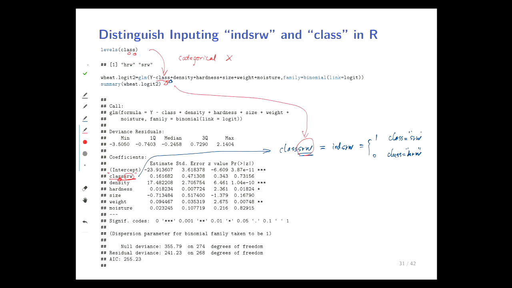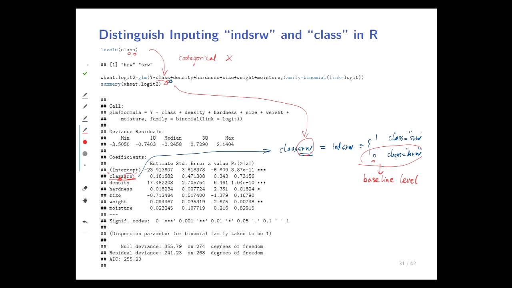R actually automatically generates an indicator variable. You should be very careful here, because when you do that, what's the meaning? It means R automatically generates this indicator variable with HRW as the baseline level. If you still remember what a baseline level means, usually the baseline level corresponds to the category with the indicator variable being all zeros.